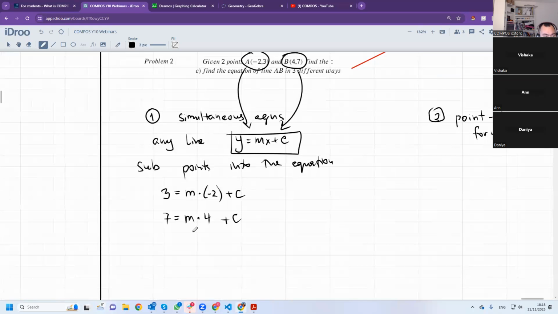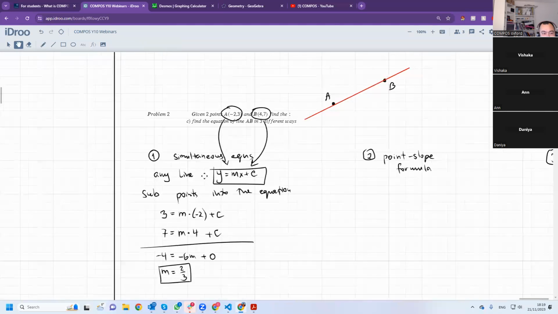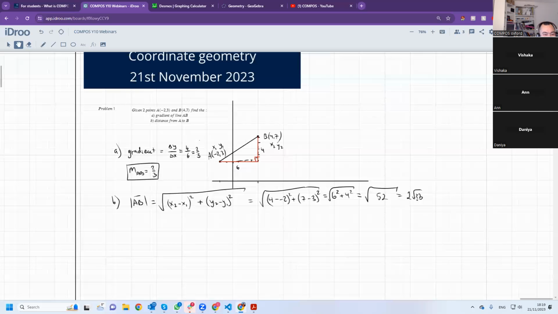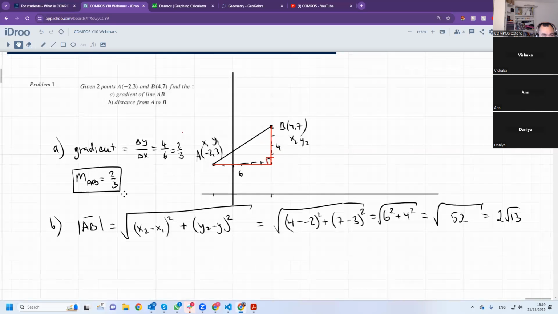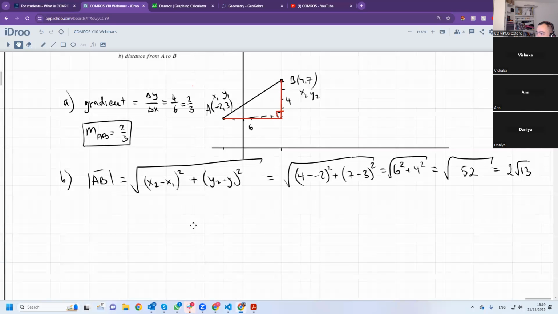Well, we can subtract the two equations, this minus that. So 3 minus 7 is -4 equals -2m minus 4m, which is -6m plus 0. So m is equal to 2/3. Surprise, surprise, m is 2/3. Who knew? Well, yeah, we knew that because we already found it, because it's the same 2 points.